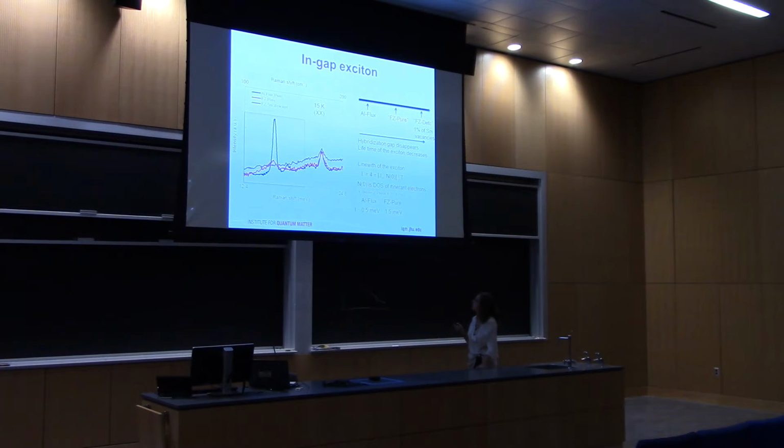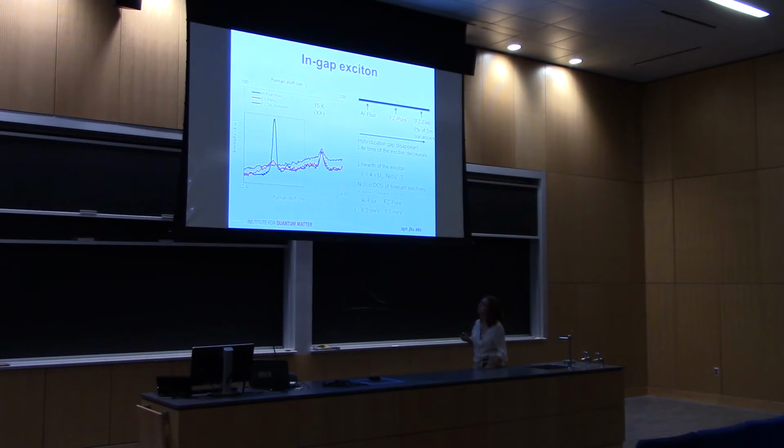It's three times wider. Intuitively, you think the lifetime of the feature decreased because there are states inside the gap to which it can decay. There is a nice description, done a while ago for crystal field levels interacting with degenerate electrons, where the width is proportional to the square root of the density of states of the electrons.